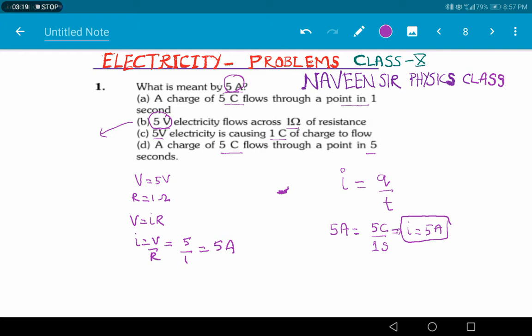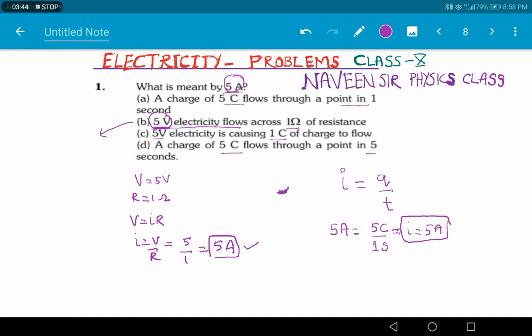But you are getting the answer as 5 ampere, yet this is not 5 volt of electricity. This 5 volt is nothing but the applied EMF. So 5 volt of electricity is not flowing. What is flowing is 5 amperes of electric current, not 5 volt of electricity.